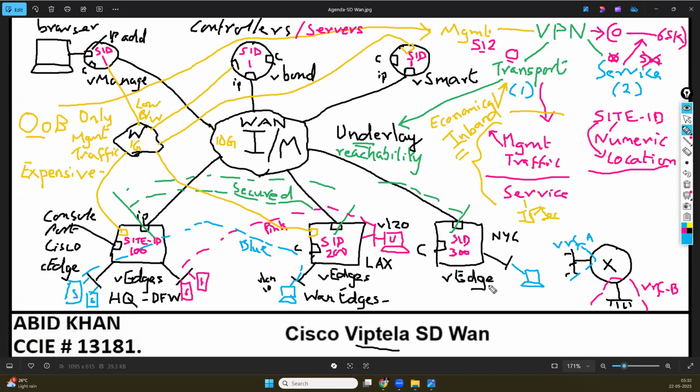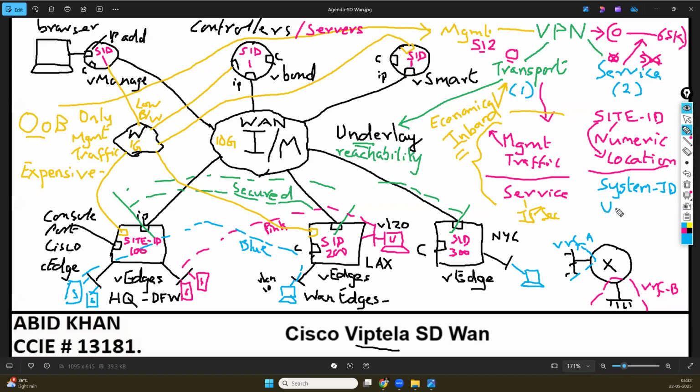Now in Cisco Viptela SD-WAN also we have a concept of router ID, and this router ID is known as System ID. It's not called router ID. So in Cisco Viptela SD-WAN we have a third parameter which needs to be compulsorily, mandatorily defined. It is called System ID.